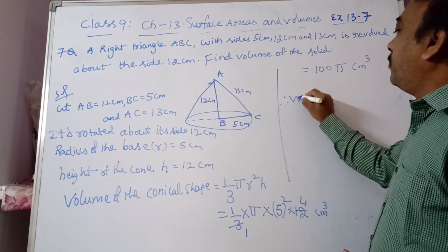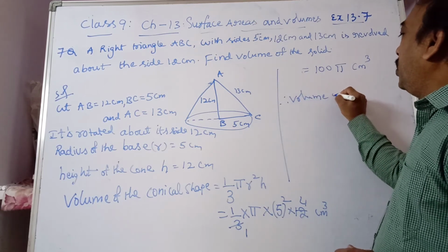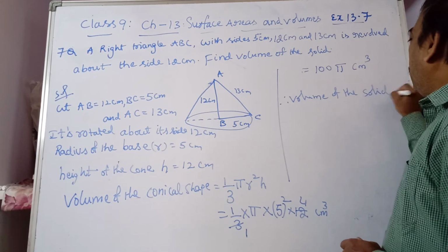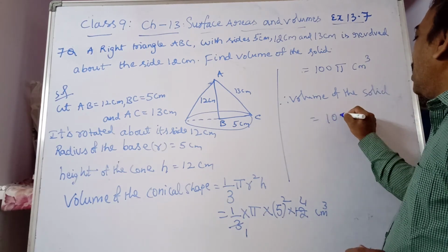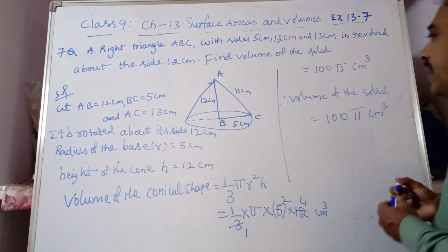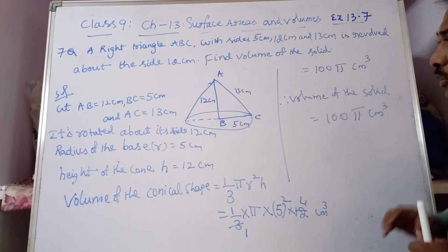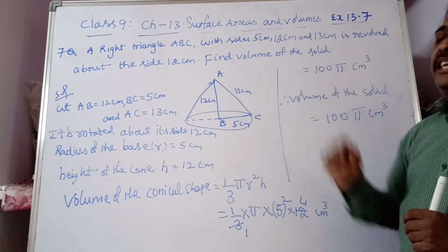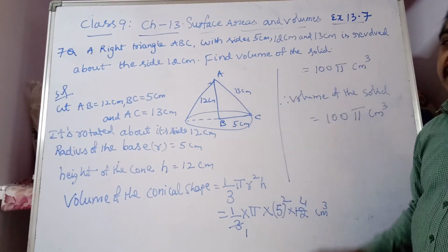Therefore volume of the solid is equal to 100 pi centimeter cube. Remember, it is rotating about the side 12 centimeter, so height is 12 centimeter.